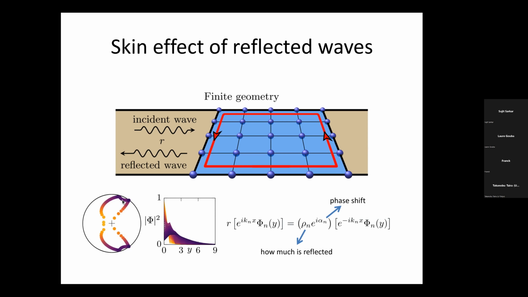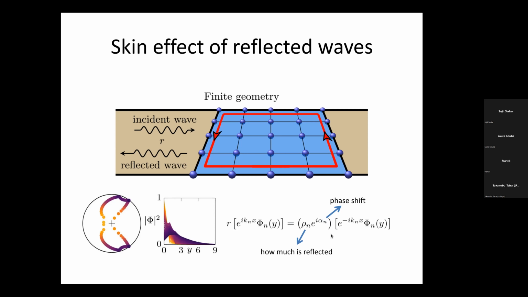This wave is almost fully reflected, whereas over here, I'm close to the origin of the complex plane. This wave is mostly transmitted. Very little of this wave is actually being reflected. The phase of this complex number, however, tells you what is the phase shift between the incoming and the outgoing wave. So this is a different physical meaning of a complex eigenvalue.